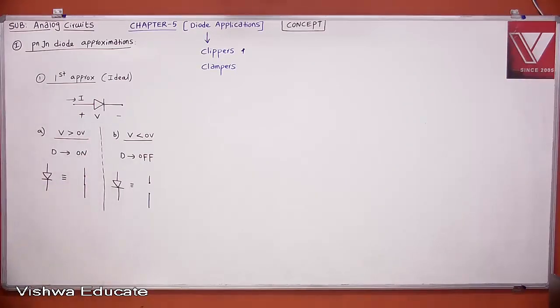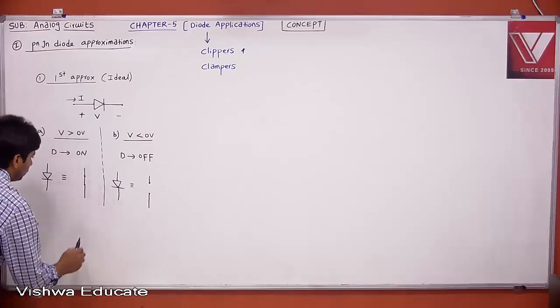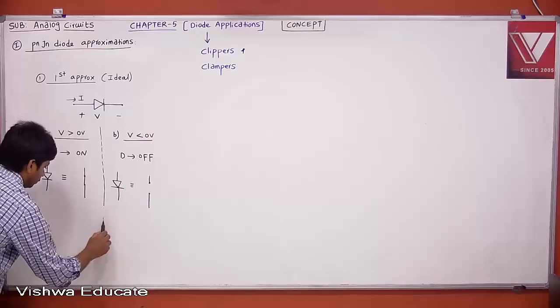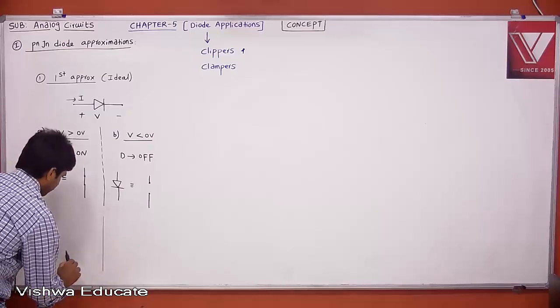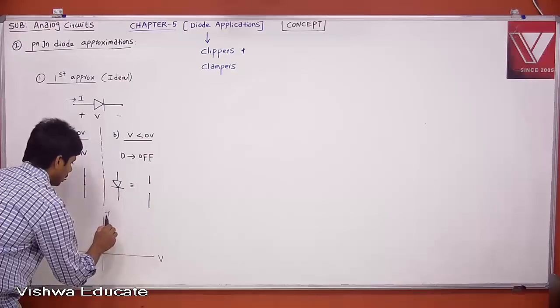Now, if I draw the V-I characteristics of the ideal diode, this is V and this is I.